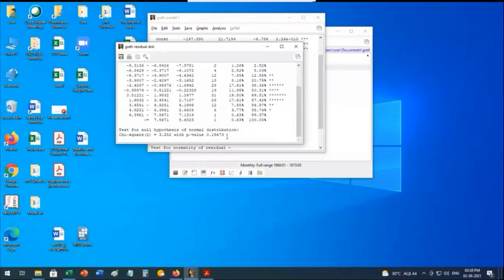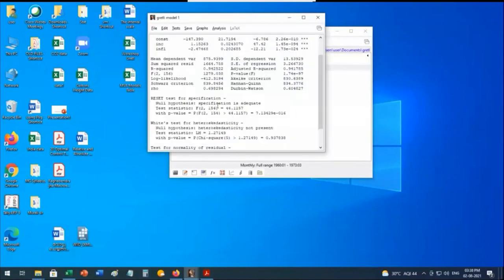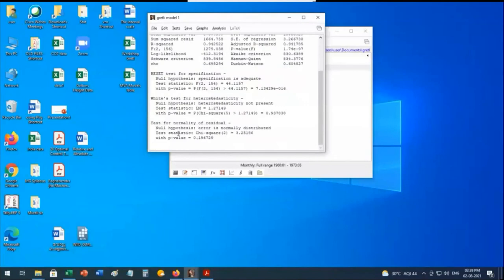P-value is 0.1967. And this result also is reported here, normality of residual. The p-value is 0.19. We do not reject the null hypothesis that error is normally distributed. We do not reject that.